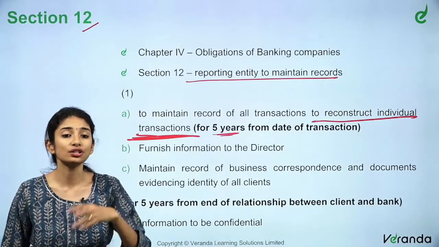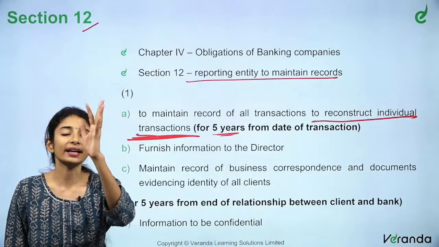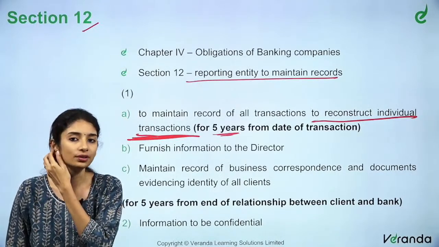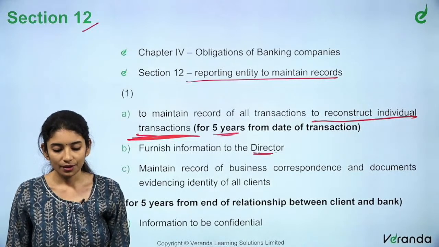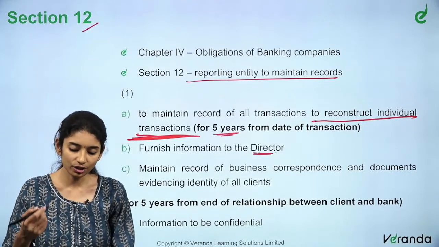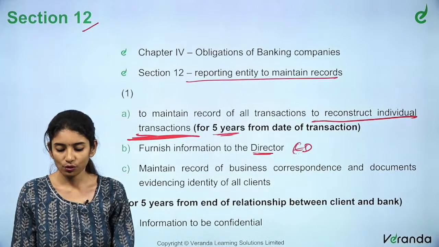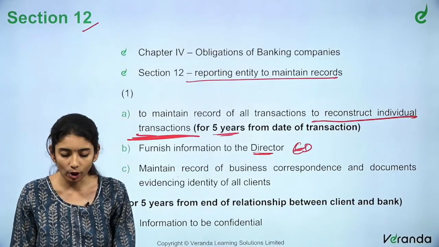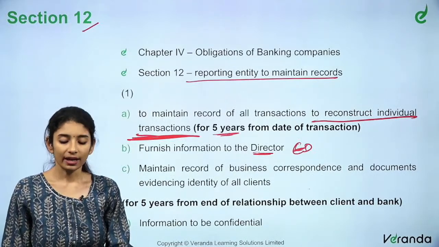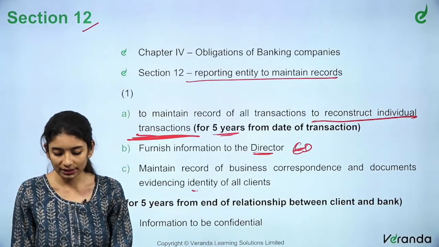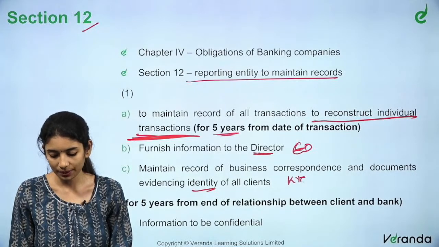From the date of transaction, for a period of 5 years, the bank has to maintain the records of the transactions. Furnish information to the director. Furnish whatever he is asking, furnish it to the ED, enforcement director. Maintain records of business correspondence and documents evidencing identity of all its clients, which means your KYC documents.